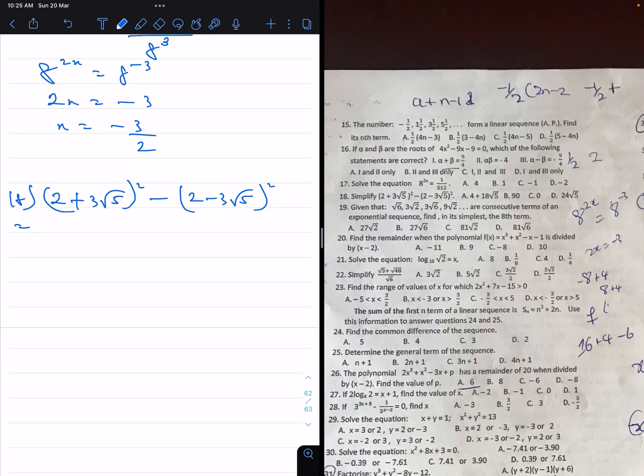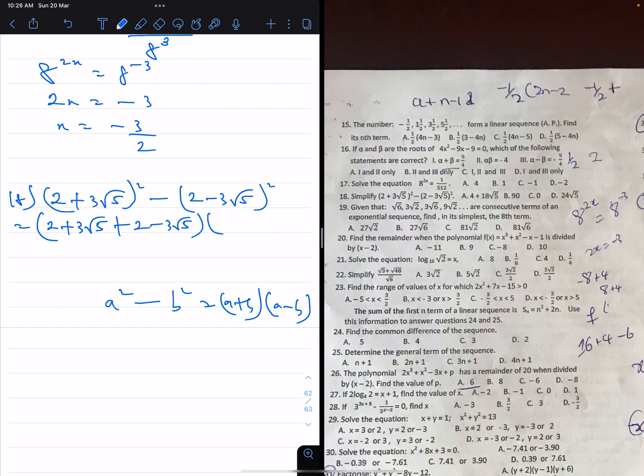Do you understand? That means a squared minus b squared, by the difference of 2 squares rule, is a plus b times a minus b. So here a is 2 plus 3 root 5, b is 2 minus 3 root 5. A plus b will be 2 plus 3 root 5, plus b, which is 2 minus 3 root 5.